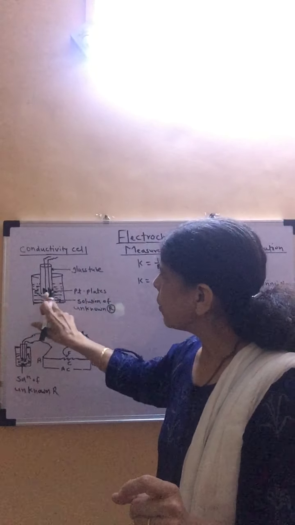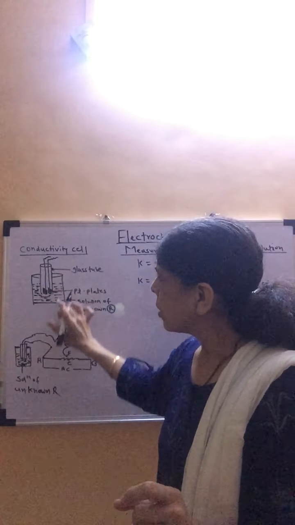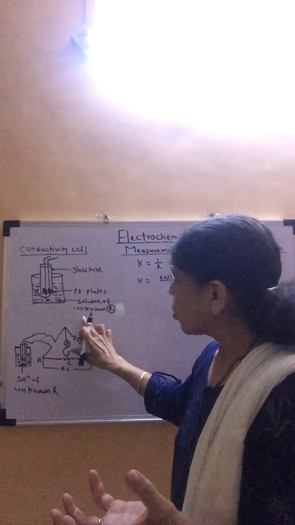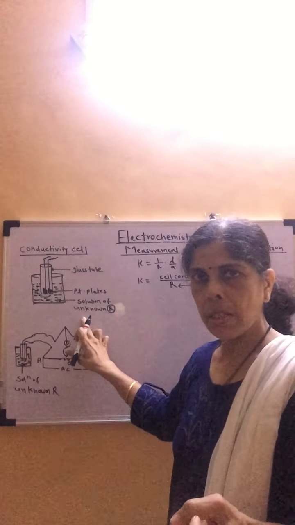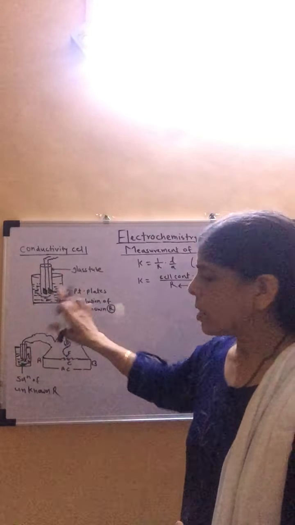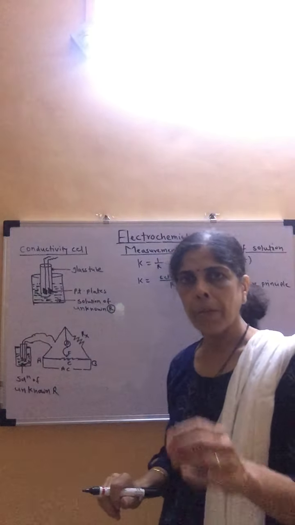This conductivity cell is placed in a container, you can say a beaker, in which the solution of unknown resistance, the resistance of which is to be determined, is placed. This is the construction of the conductivity cell.